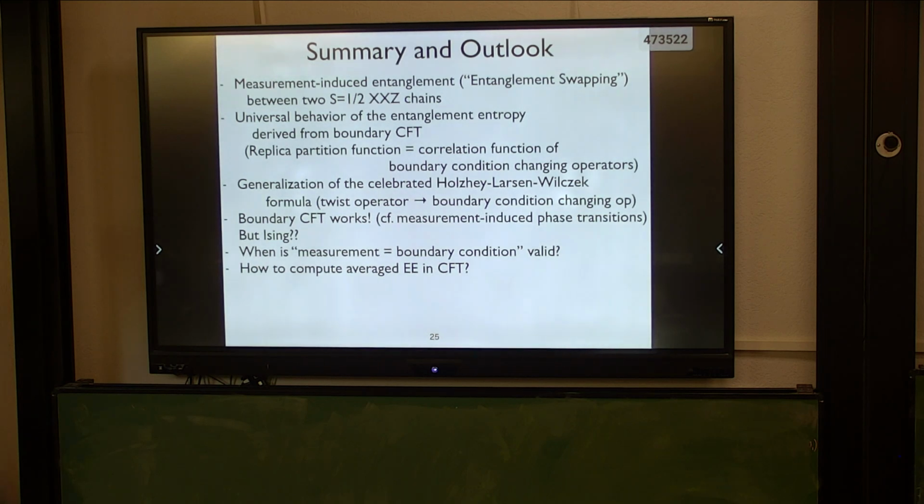At least for this case, we can replace the measurement outcome as projected Bell pair states by a boundary condition, which is a very rough approach, because after the measurement you are really in a maximally entangled pair, which is far from what we deal with in conformal field theory.